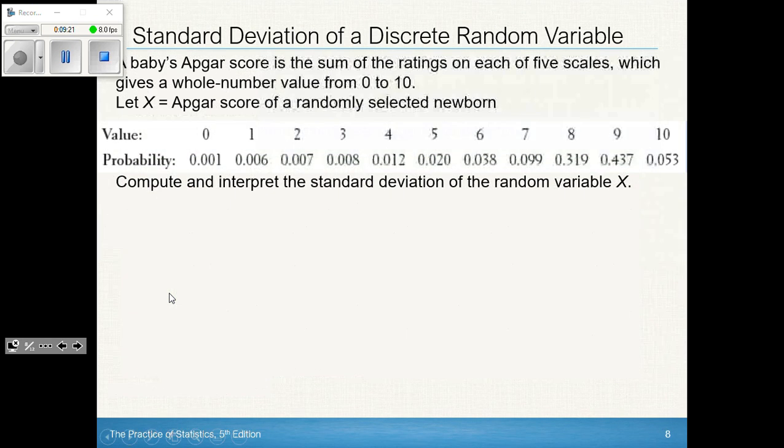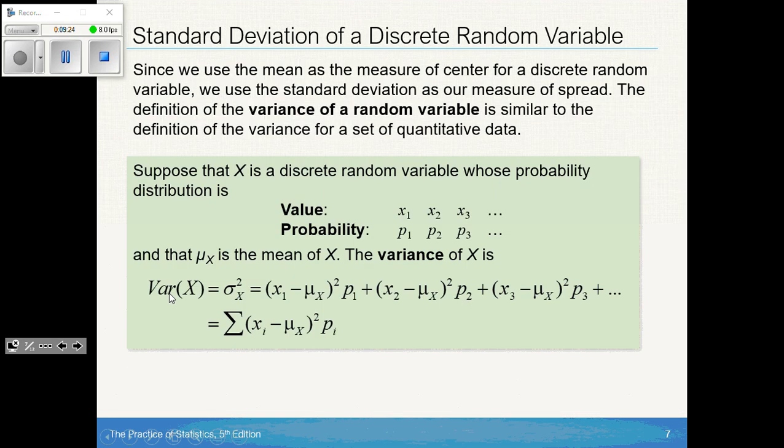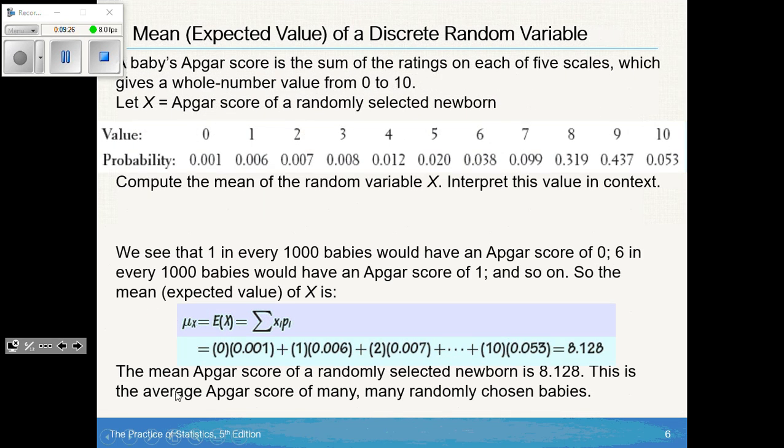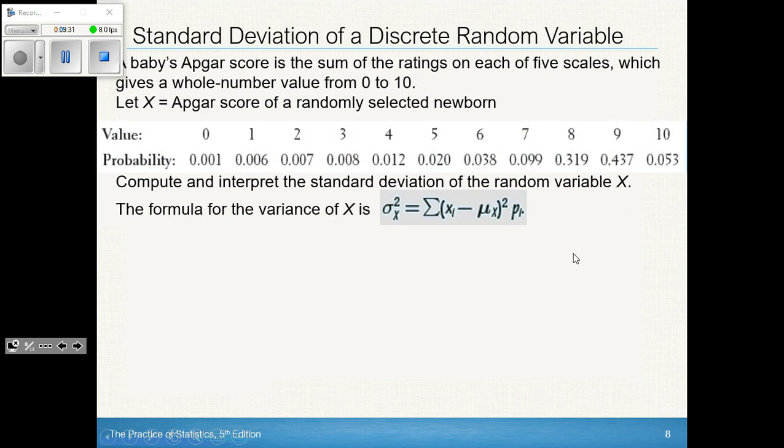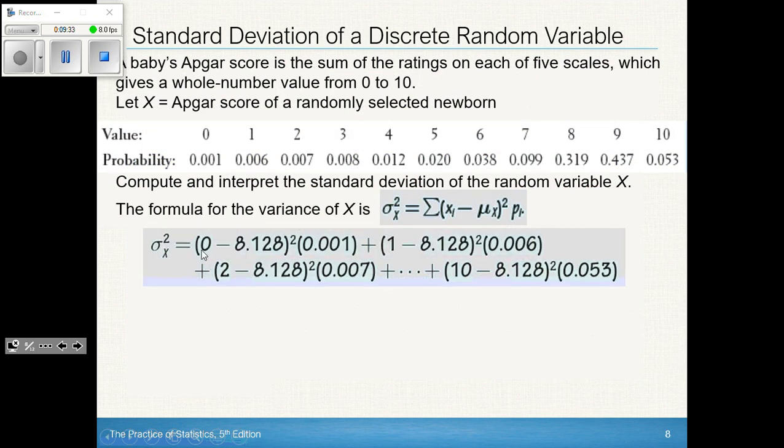So let's revisit the APGARs and see. If you'll recall, the mean was 8.128. So I'm going to take each of these numbers minus 8.128 squared times its likelihood of occurrence. 0 minus 8.128 squared times .001, plus 1 minus 8.128 squared times .006, plus 2 minus 8.128 squared times .007, etc., etc. That's the variance.